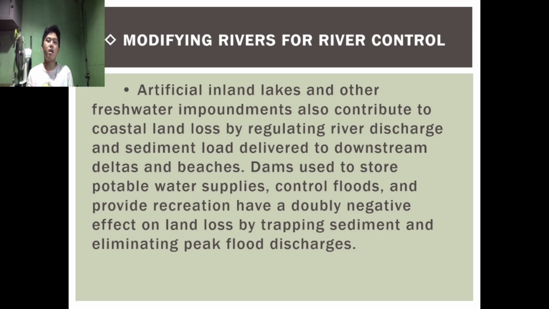So, ang isa ka example sa modifying rivers is dams, because they use dams to store water to prevent floods and to control the river flow and to avoid increased rapid erosion sa rivers and lakes.